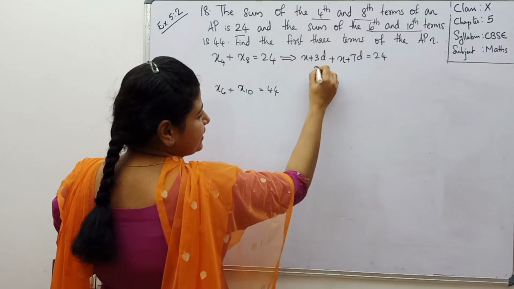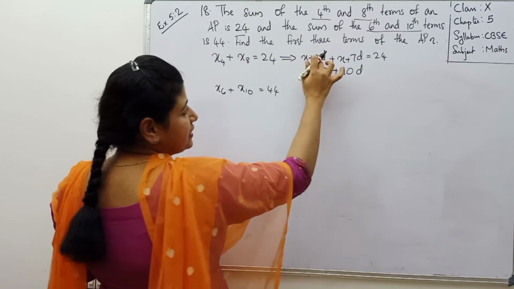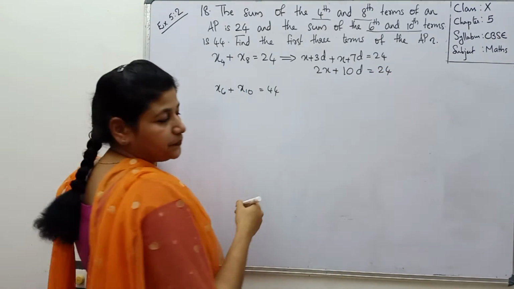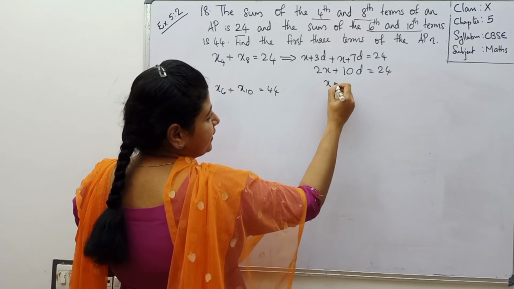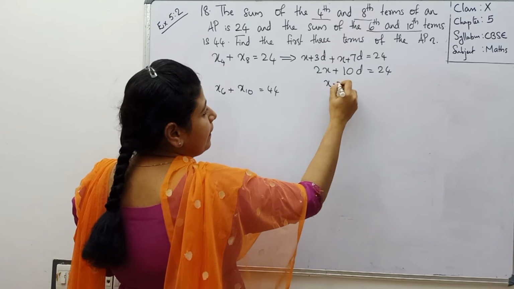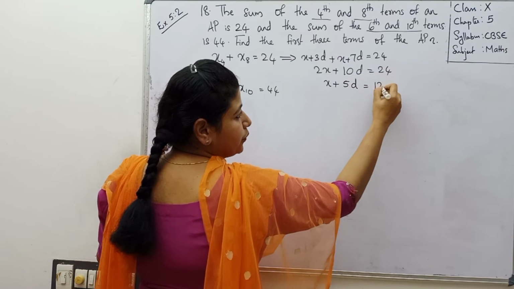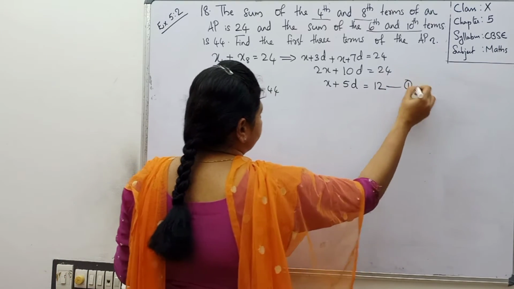That is x plus x is 2x plus 3d plus 7d is 10d. 7 plus 3, 10. Equal 24. We can divide this equation by 2. Then 2x by 2 is x plus 10d by 2 is 5d equal to 24 by 2 is 12. So this is the first equation.